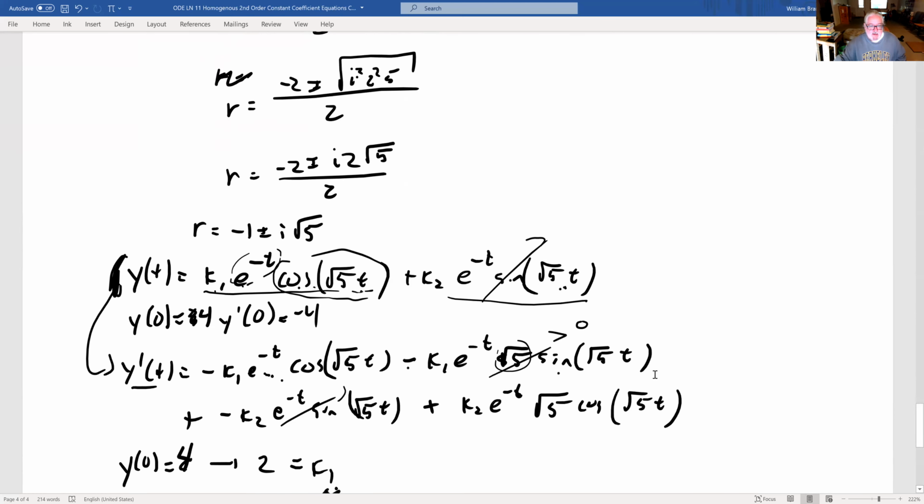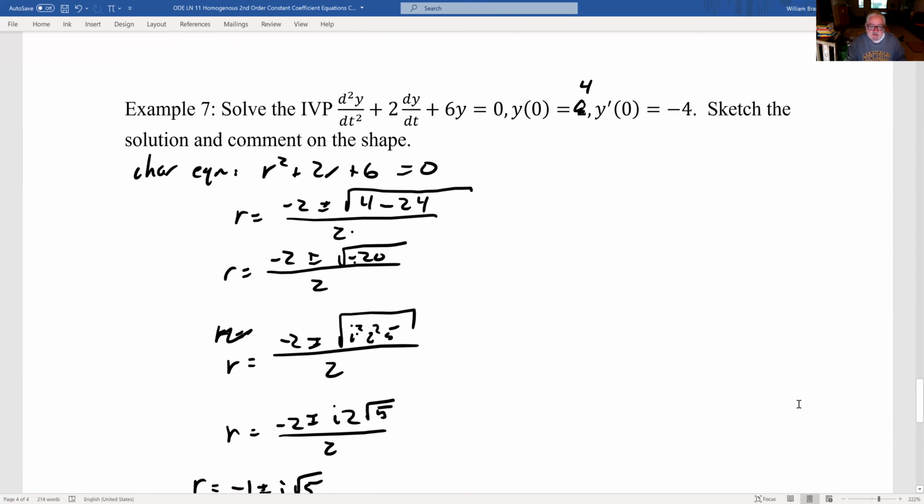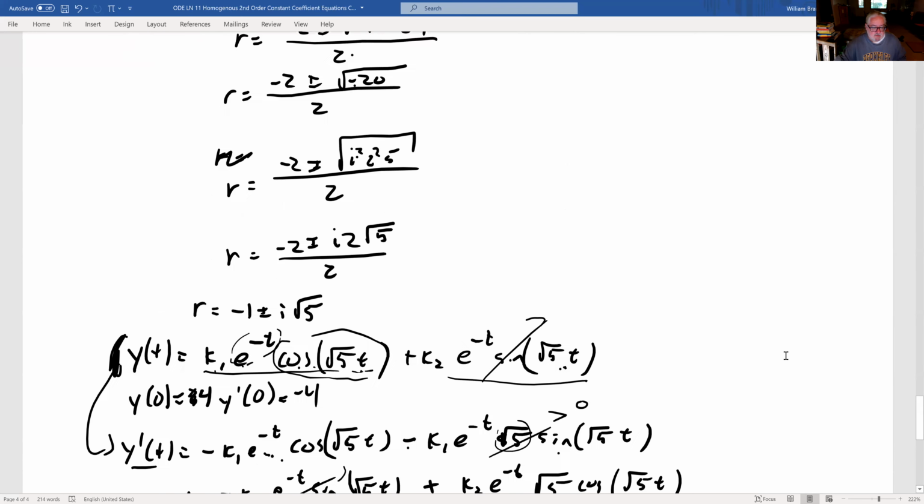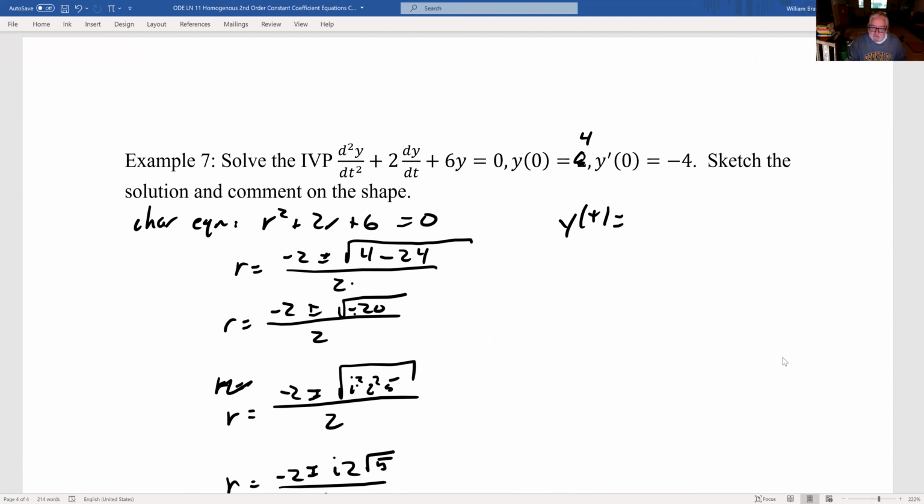Good. So with that, our solution is y of t equals 4 e to the minus t cosine of square root of 5t. What does that look like?